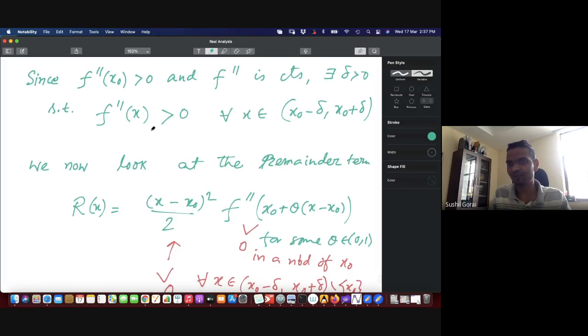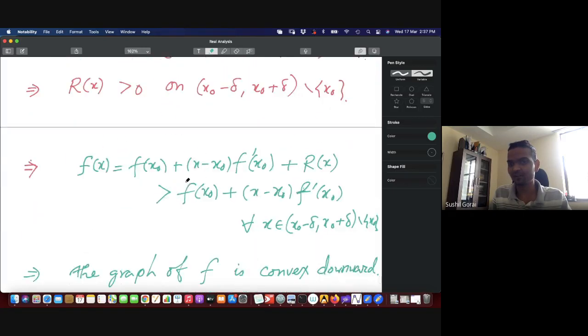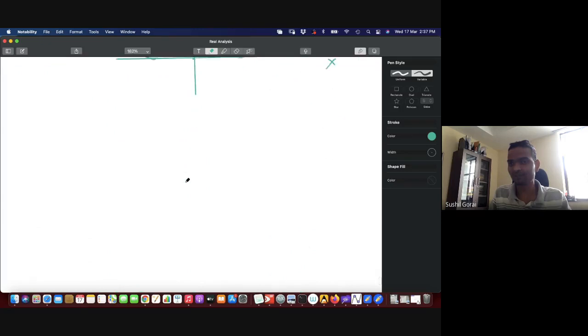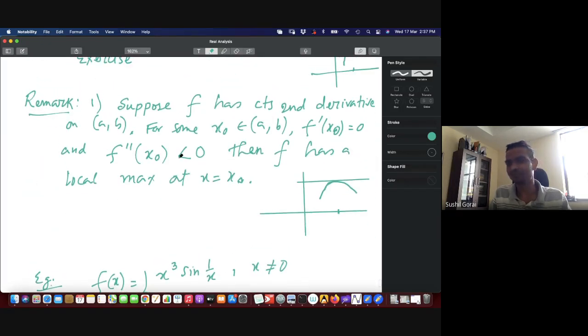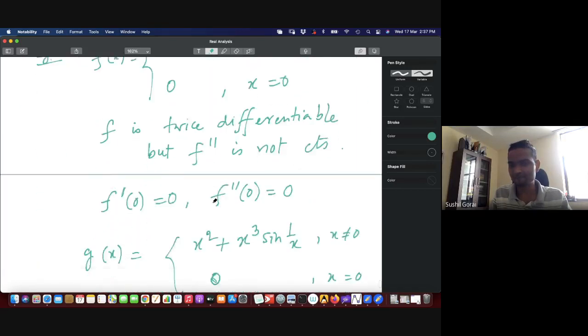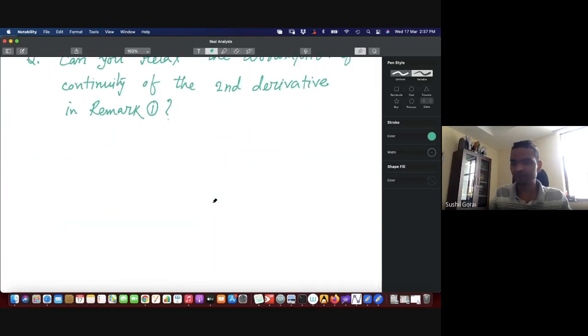So that part perhaps is essential, but one needs to give an argument whether this is true if you relax the continuity of the second derivative. Yeah, any other question?